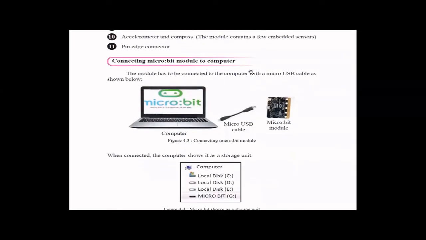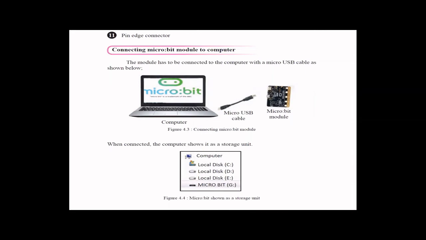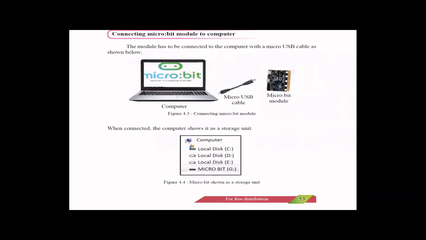Okay, so as I earlier told, this micro:bit module you can connect to the computer using a micro USB cable, right? This is the same thing you use for mobile phones sometimes for charging. In that kit I told, it will have all these things if you want to buy as a package, but it's a bit expensive as you're buying as a package.